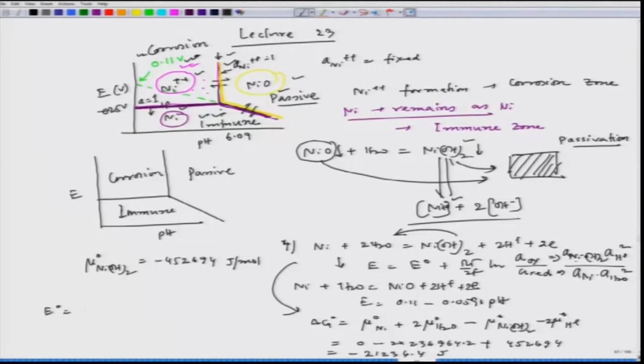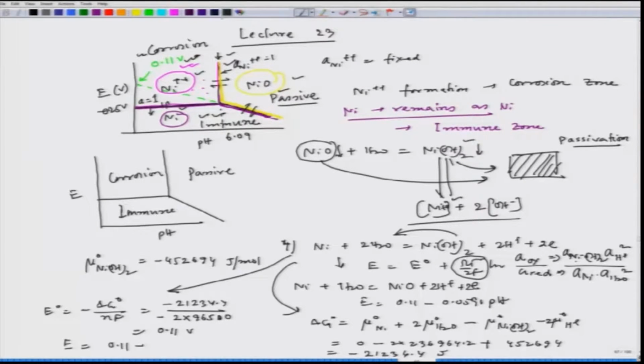So E0 would be equal to, so here this is minus 21234.4, n is equal to 2 and F equal to 96500 and with a minus sign. So, this becomes 0.11 volt. So, for this reaction you get E0 like this, and E would become 0.11 minus, if you do the simplification, this goes to 1, this goes to 1, this goes to 1.